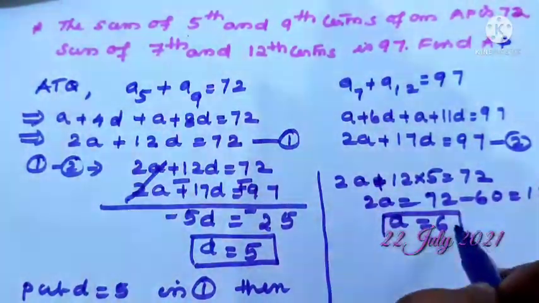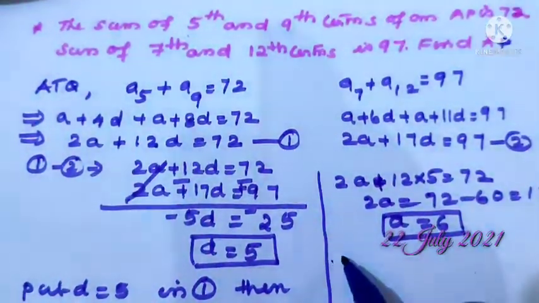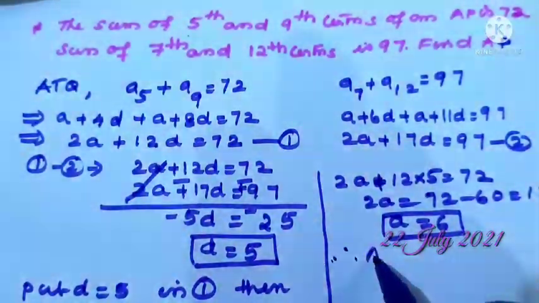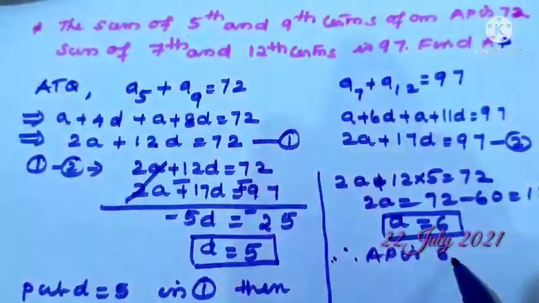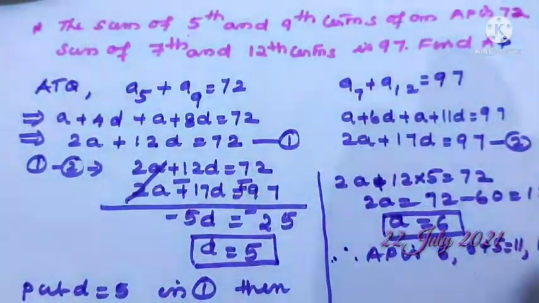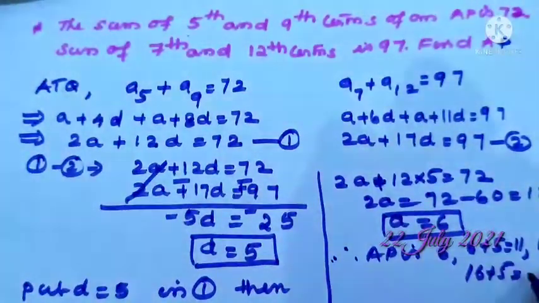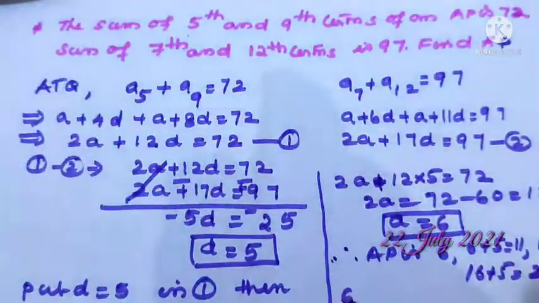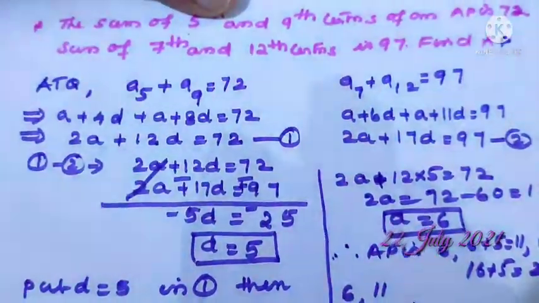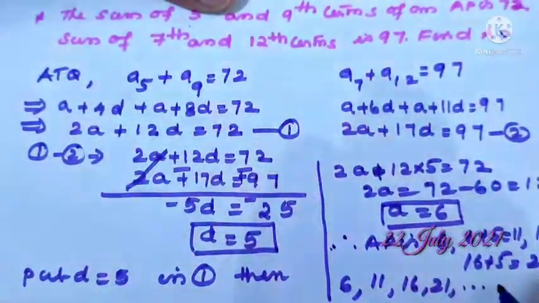So the first term A is 6 we got, D is 5, therefore AP is 6, 6 plus 5 equal to 11, 11 plus 5 equal to 16, 16 plus 5 equal to 21. 6, 11, 16, 21, etc. is the AP.